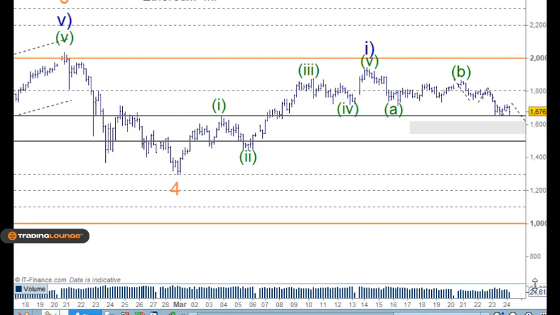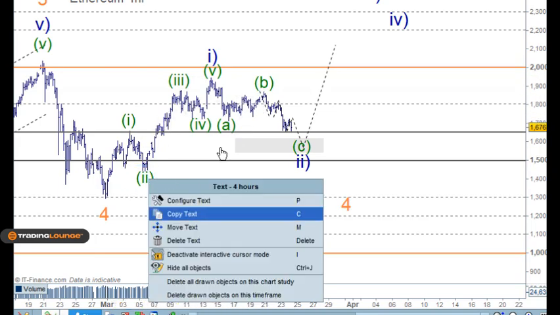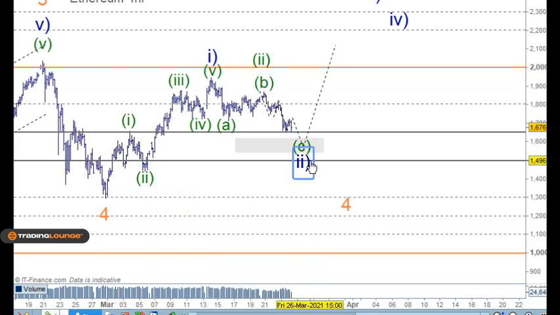Well, that's the ABC one, but that would be 1 and 2 here. That would be 3, 4, 5. So 6 just below the 16, back up to here, back to here. So it'll be something like this.